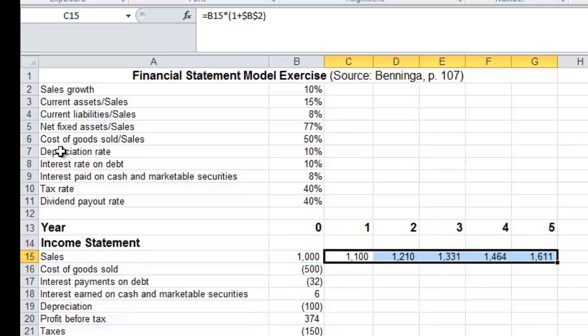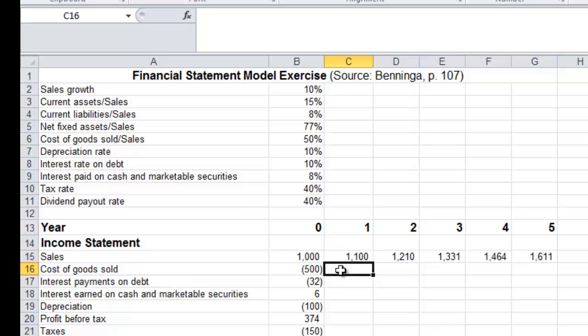The assumptions are the cost of goods sold is 50% of the sales value. So cost of goods sold is in the next row, so we can calculate that as equal to the sales times the 50%, but since sales are positive and cost would be negative, we need a negative sign, and so you get cost of goods sold.